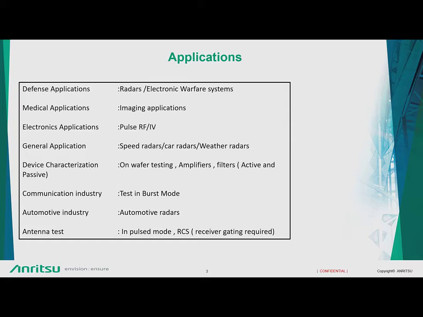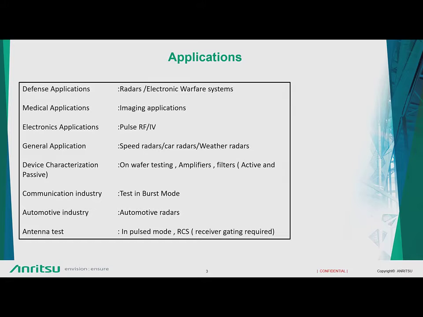You have speed radars, car radars, and weather radars, which have been there for a very long time, and even those radars use CW signals, but we are seeing some activity even for pulse as well. On the device characterization side, for active amplifiers, filters, and also for on-wafer testing, you need a system either being biased in pulse or in RF or in IV.